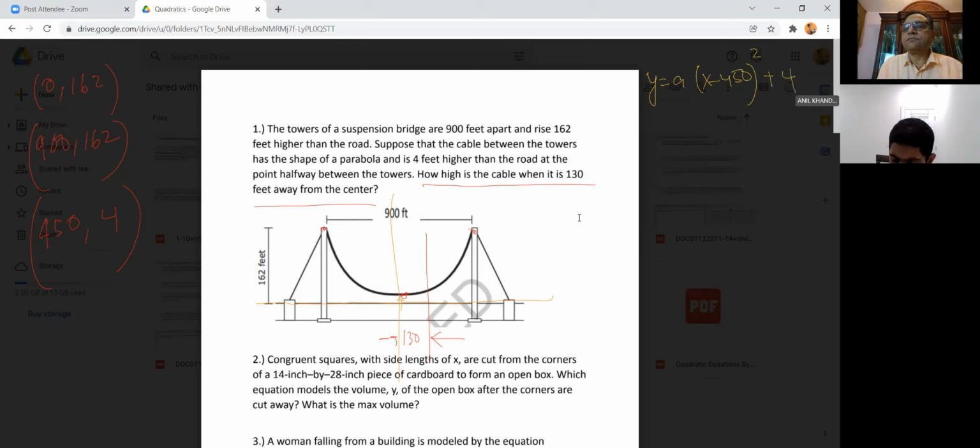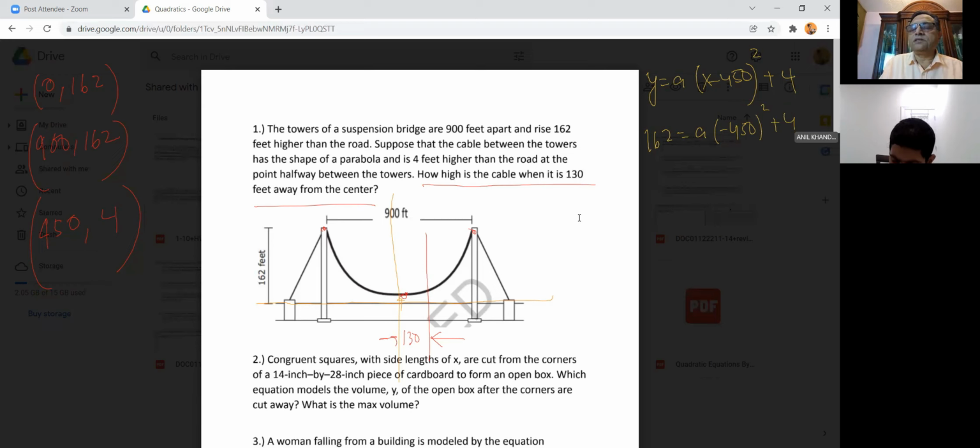To find the value of a, we could use 0, 162. So 162 equals a times, when I put 0 here, I get 450 square, plus 4.